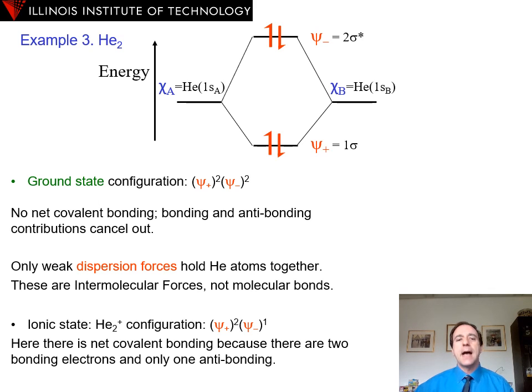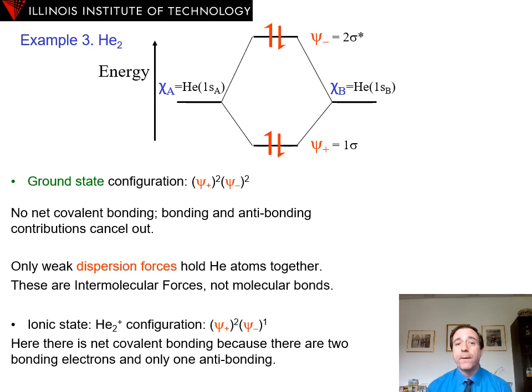But with diatomic helium, we have to account for 4 electrons, 2 electrons from the first helium and 2 electrons from the second helium. So those third and fourth electrons in what would be the diatomic molecule have to go somewhere.